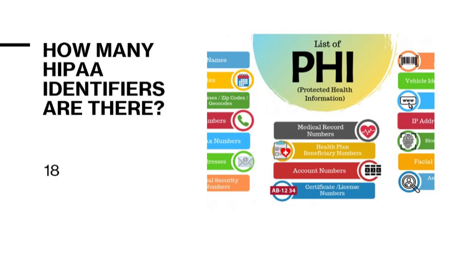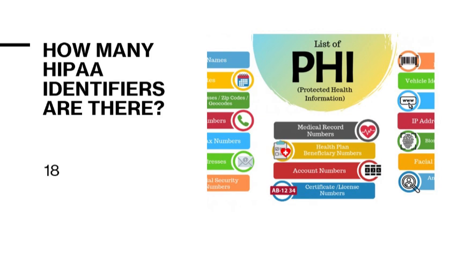The 13th identifier is device identifiers and serial numbers. The 14th identifier is Web Universal Resource Locators, or URLs. The 15th identifier is Internet Protocol, or IP, address numbers. The 16th identifier is biometric identifiers, including fingerprints and voice prints.